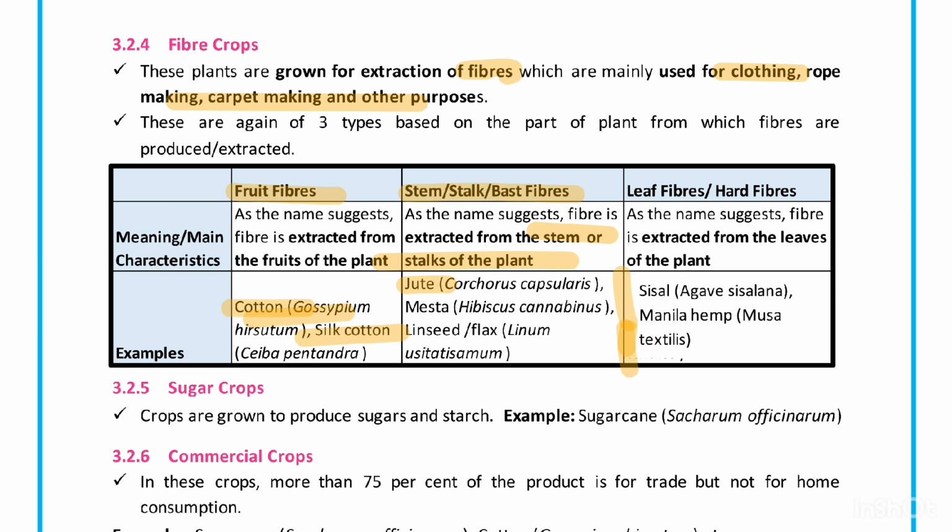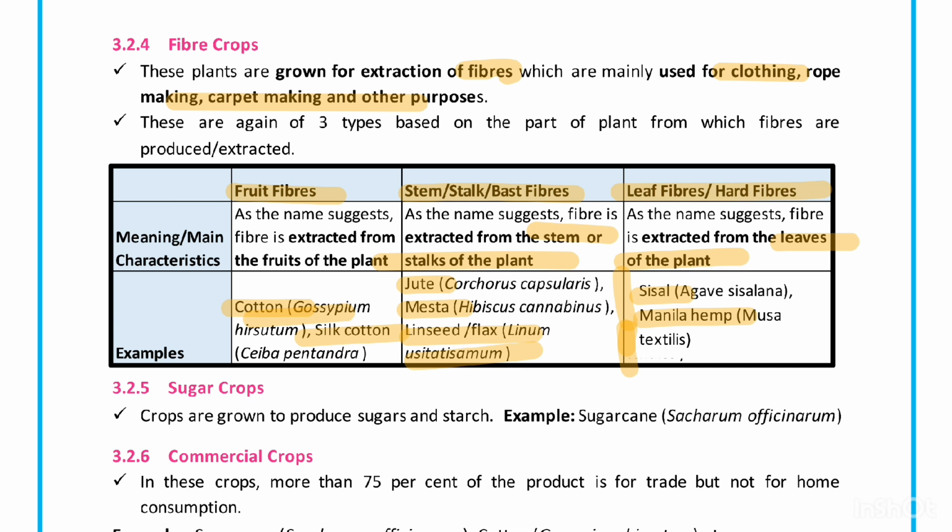Next, the last category is leaf or hard fibers. Students, there are a few crops whose leaves can be used for making fiber, and this fiber is also called leaf fiber or hard fiber. Examples of this crop are sisal and Manila hemp.